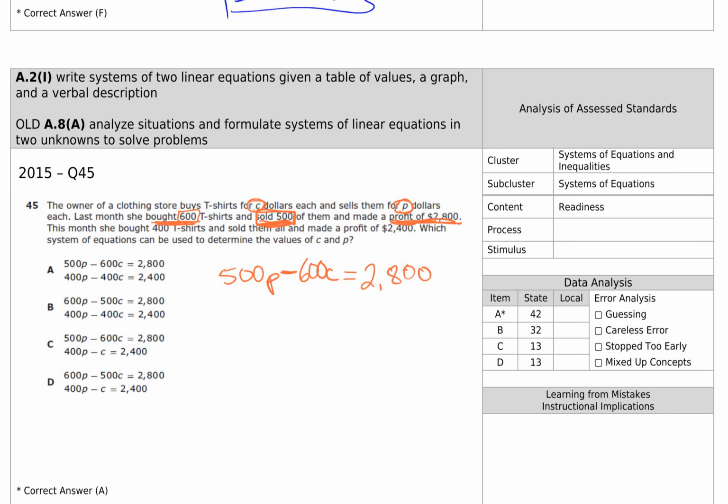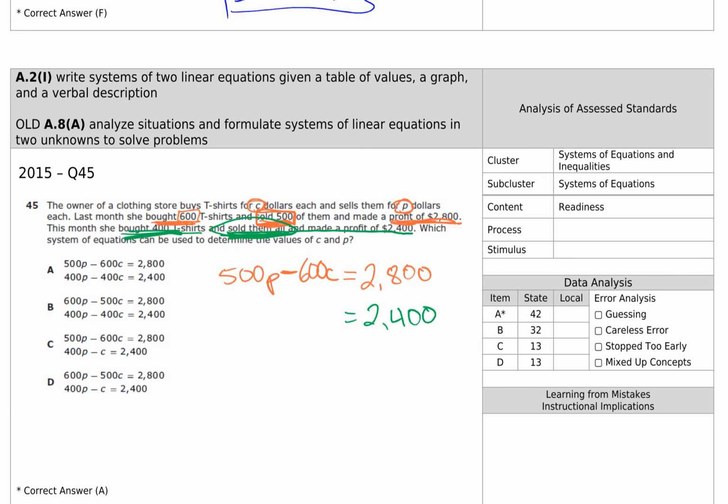All right. So now the second sentence, this month she bought 400 and sold them all, so that's all 400, for a profit of 2,400. So this time the profit is 2,400.